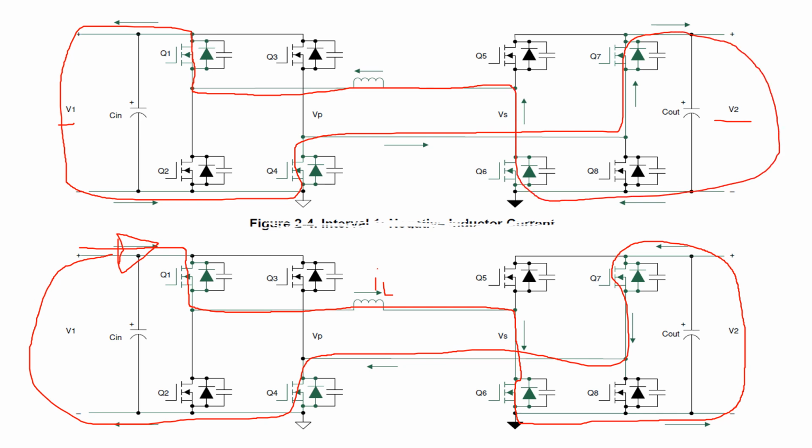So it's basically the opposite of the positive current waveform. That's what happens in the first interval of the switching of a DAB.